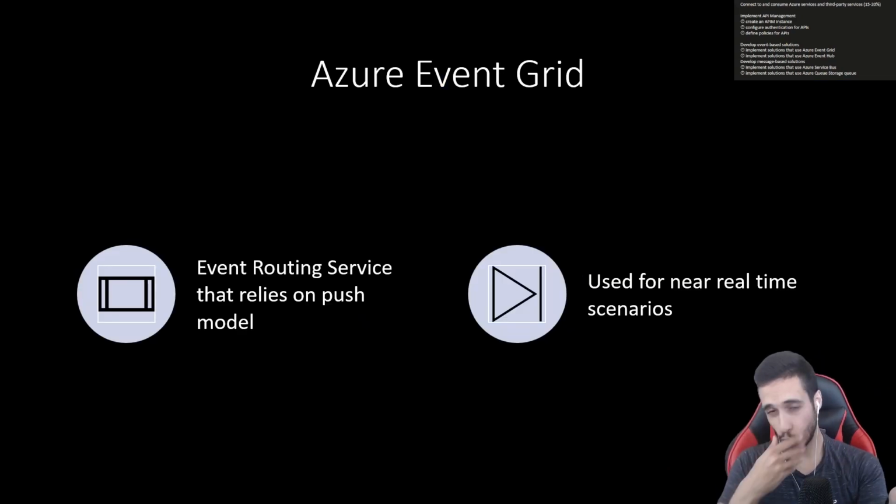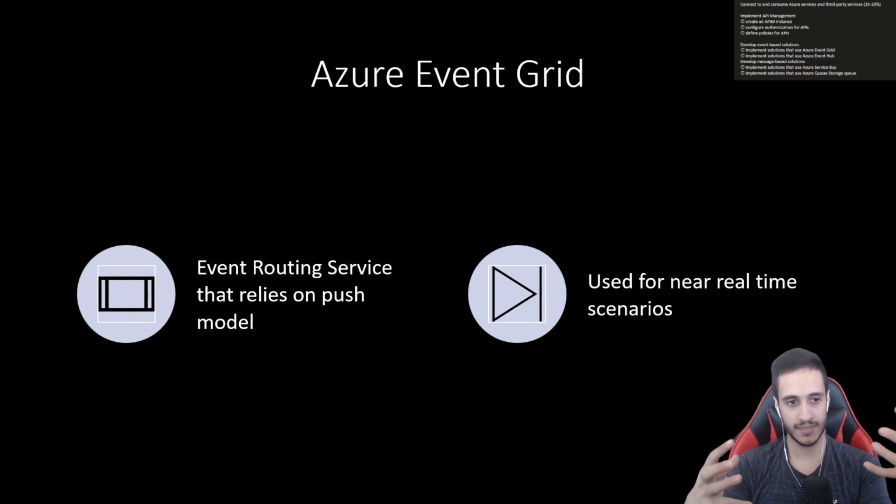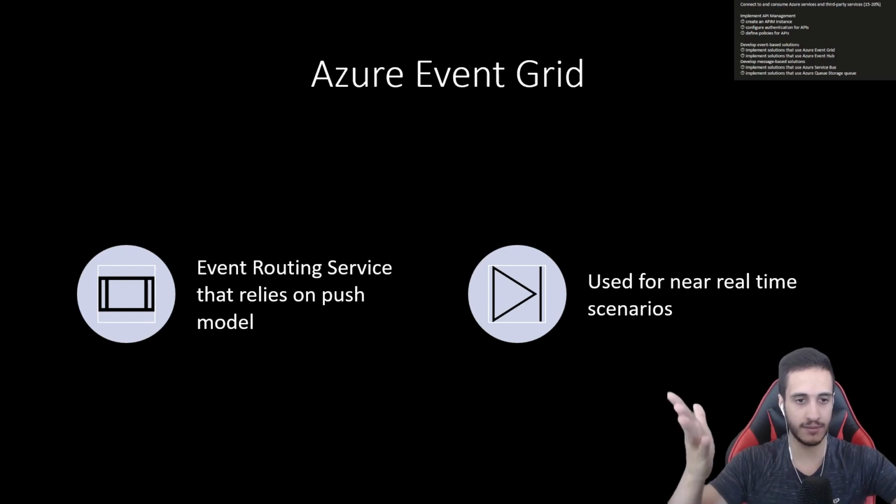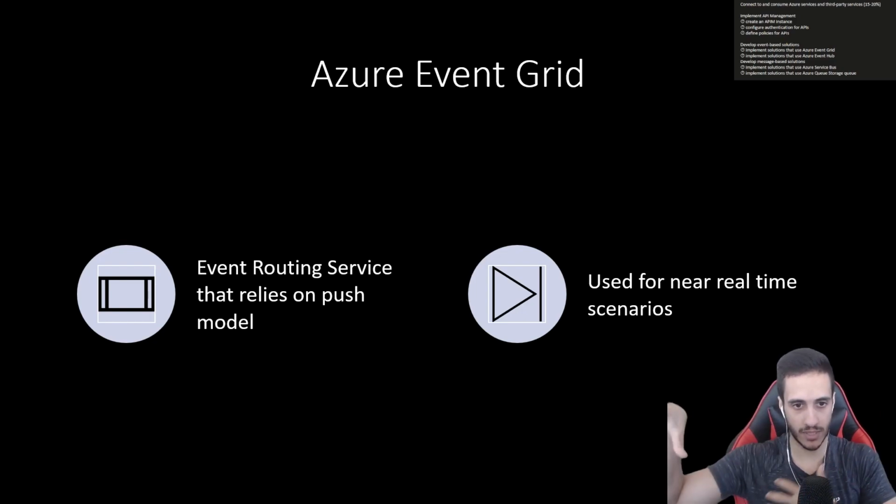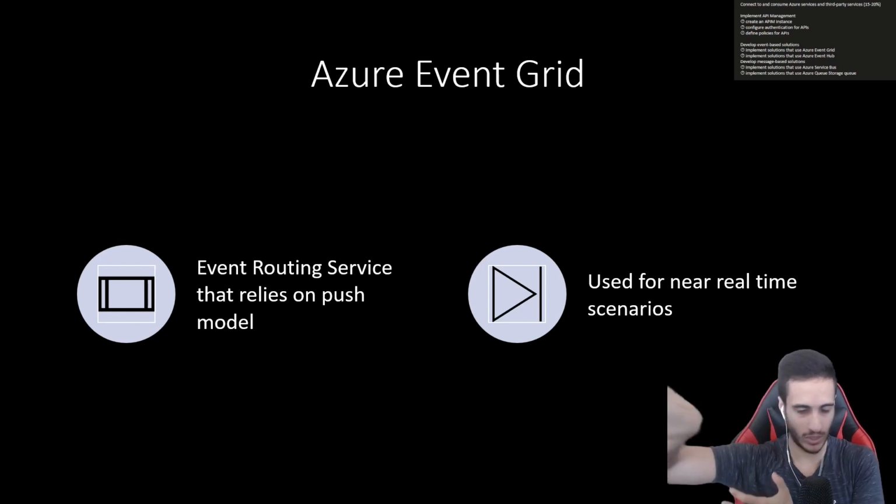And the first service I want to talk about on Azure is actually Azure Event Grid. And Azure Event Grid is essentially an event routing service that relies on a push model. Okay, so essentially you would have specific senders emitting events to Azure Event Grid, and Azure Event Grid will route those events to subscribers. Those subscribers can be Azure Function apps, web apps, standard web servers, whatever they are, okay?